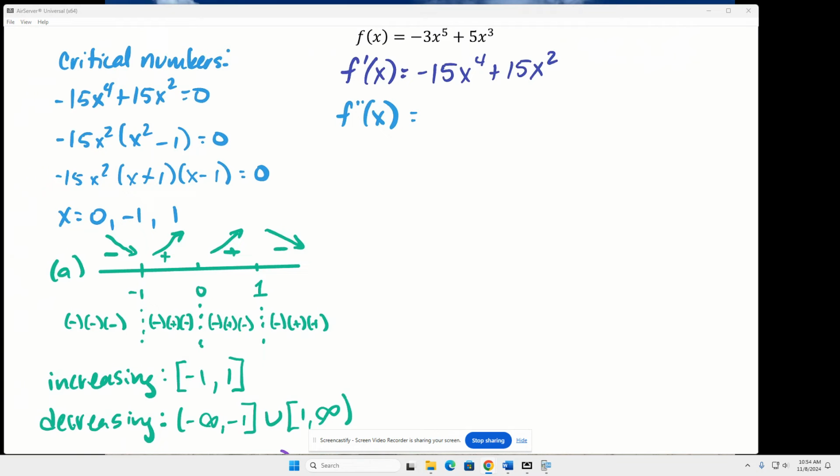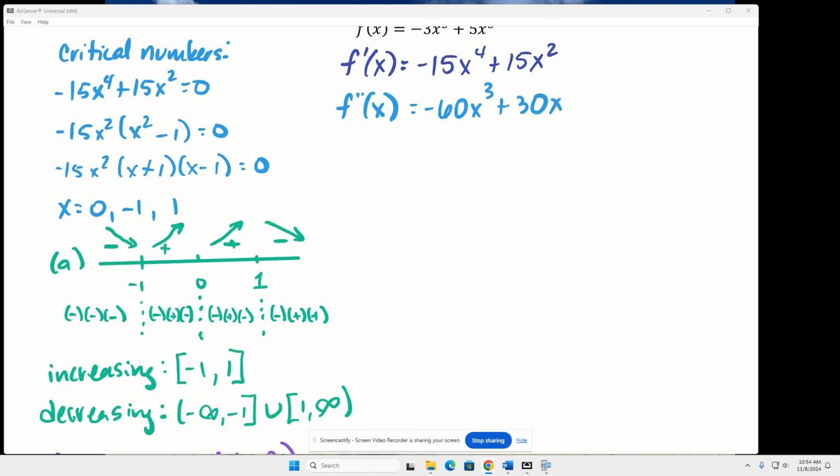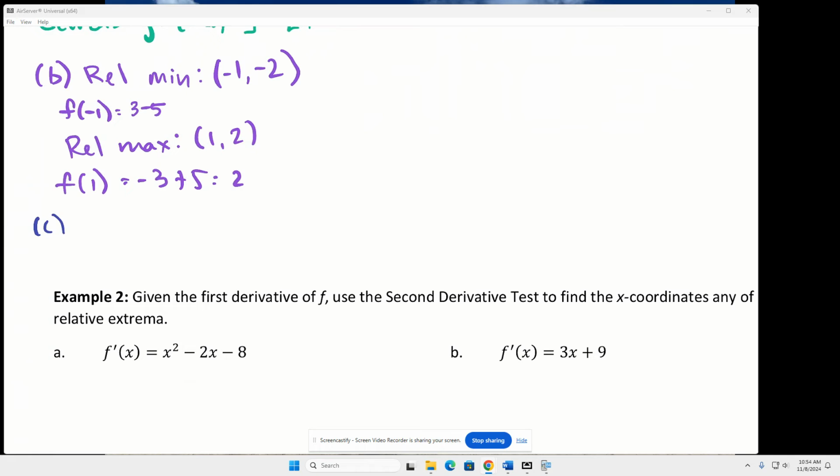All right, so we'll just multiply by 4, take 1 away, multiply by 2, take 1 away. And so just like the critical numbers for the potential relative maximum and minimum values, we need to find when this is 0 for a potential point of inflection.